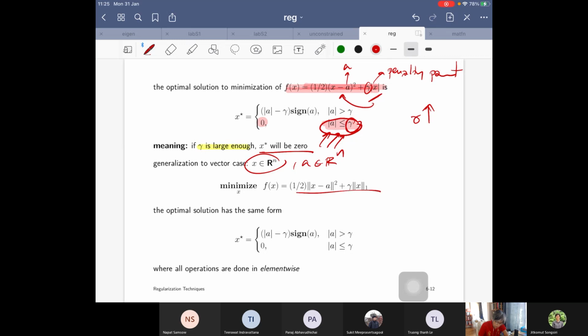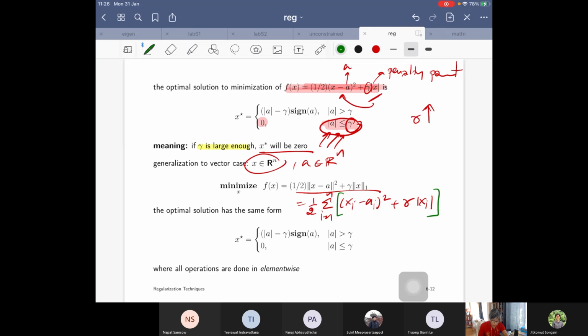And of course, when you write this representation, it's going to be the sum of xi, i from 1 to n, (xi minus ai) squared plus gamma times the sum of the absolute values of the components of x, right?